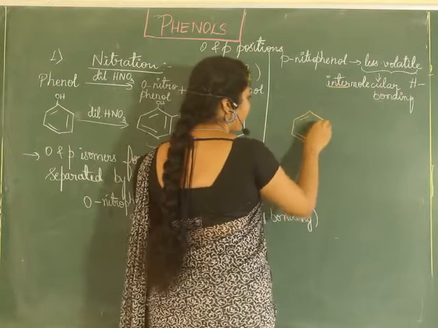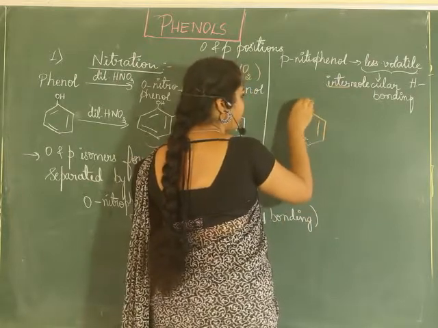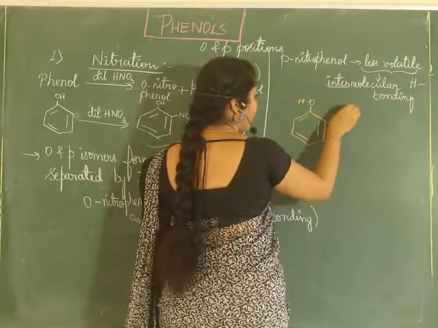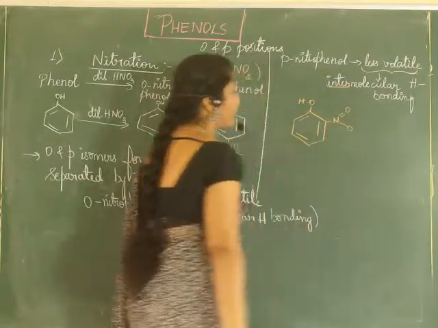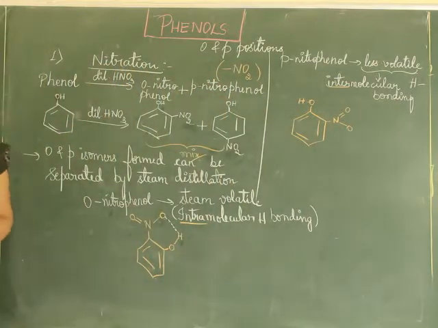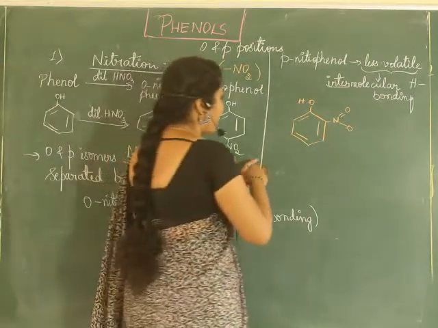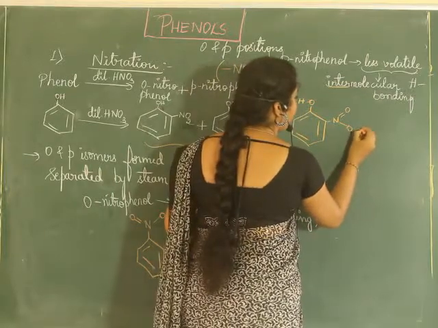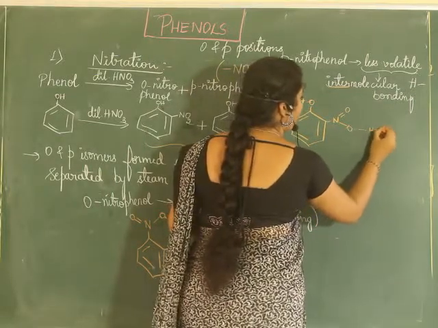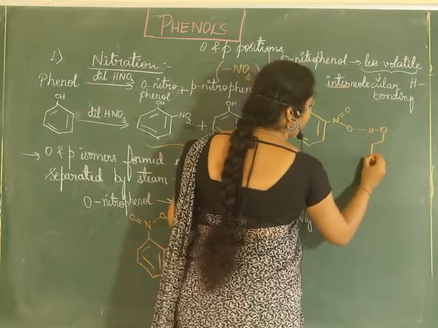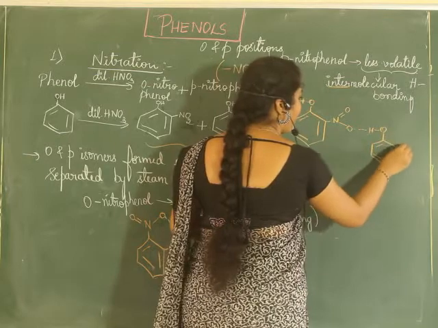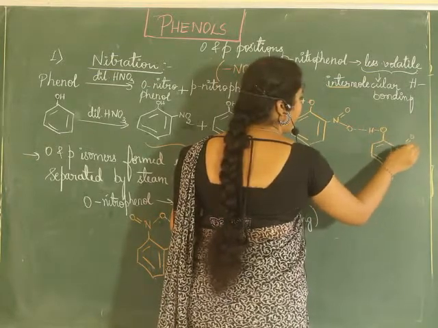So let us see how paranitrophenol. Paranitrophenol means, say, OH, and at one end you have O and O. This is paranitrophenol. So here this hydrogen forms a bond with the other molecule. Here how the bond forms, you know. HO, that is with one more molecule of paranitrophenol, the bonding will take place.